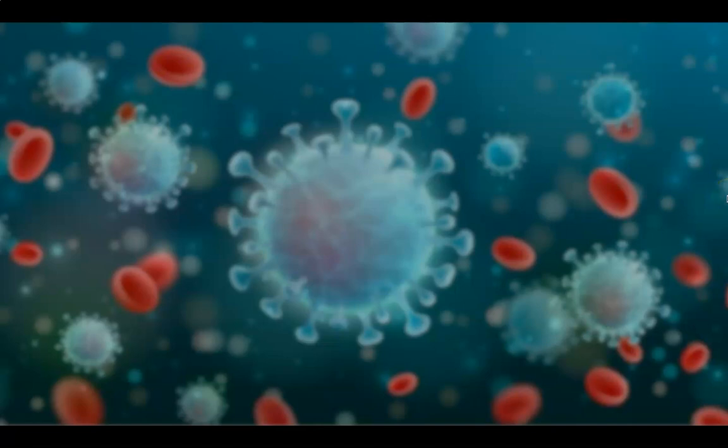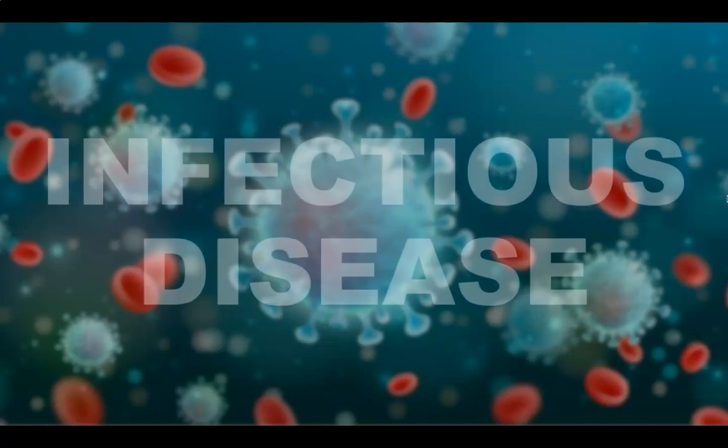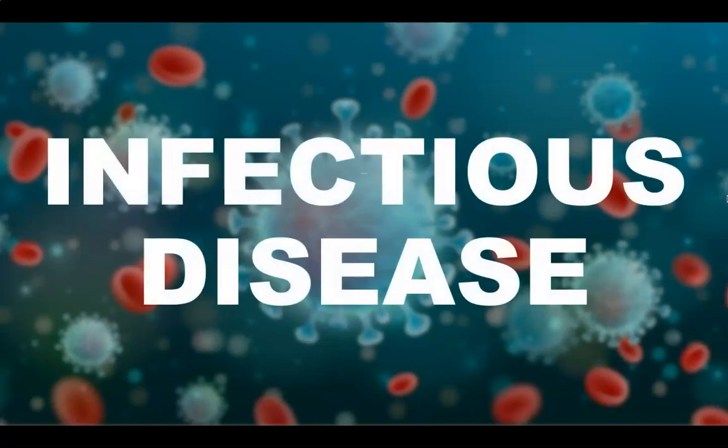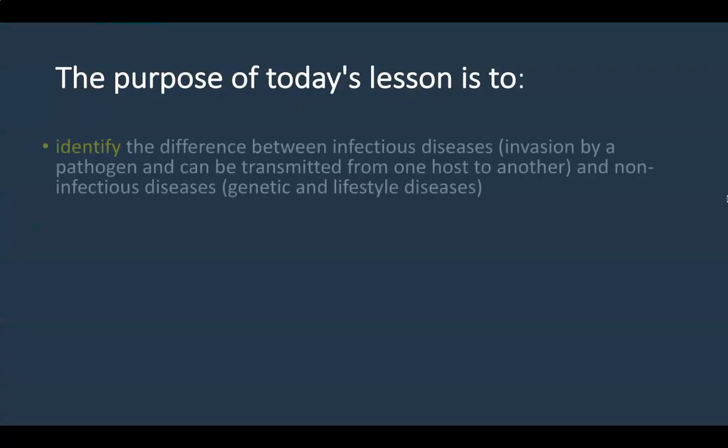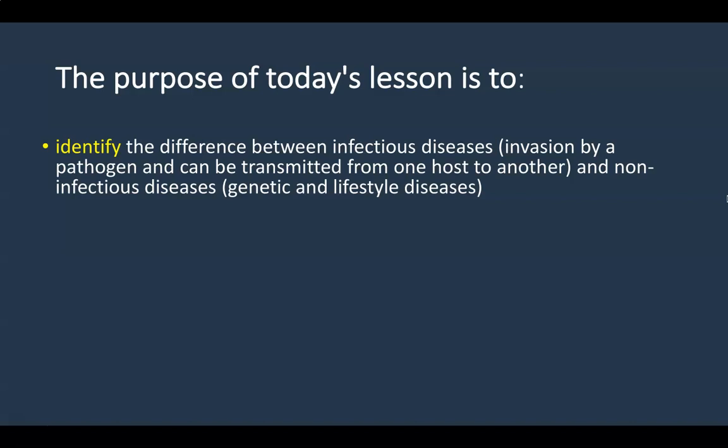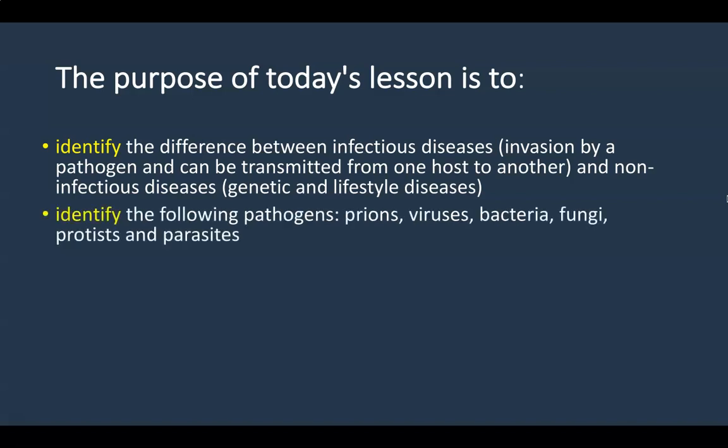It is Unit 2, Topic 2 that we are kicking off today, and it is on infectious disease. So the learning goals for today are, firstly, to identify the difference between infectious diseases and non-infectious diseases. We will look at different things that can cause disease, including prions, viruses, bacteria, fungi, protists, and parasites.